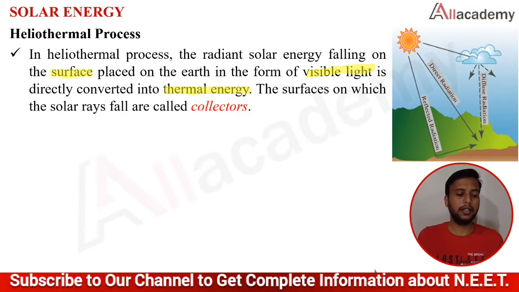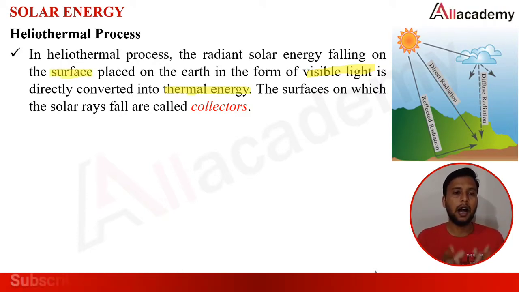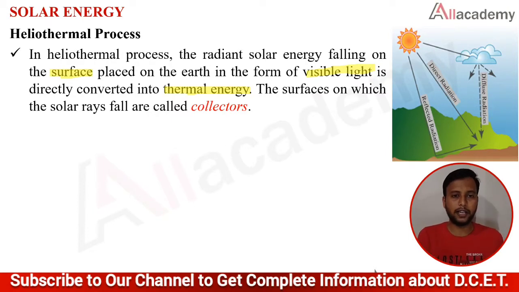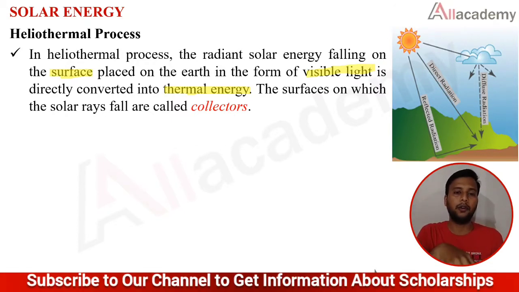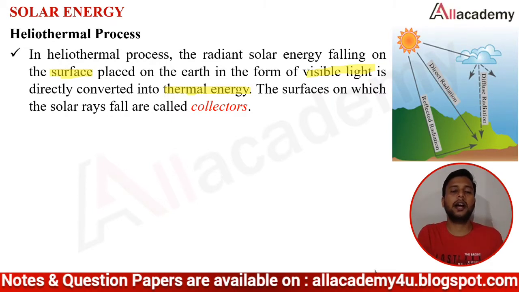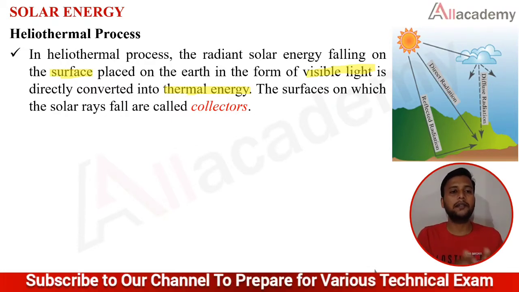Which means in a heliothermal process I require a surface on which this sunlight is made to fall. Sunlight will be falling on the earth, and I need to keep a surface in between the earth and the sunlight, so that whatever sunlight falls on this surface will directly convert into thermal energy.